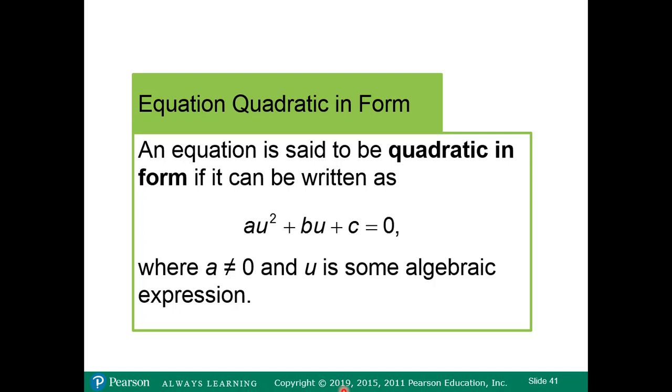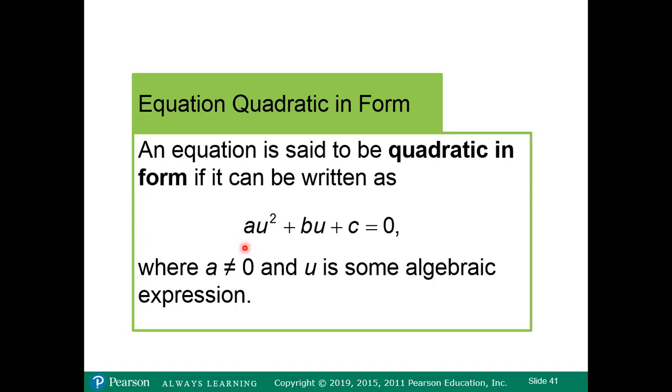Okay, now, what about equations that are quadratic in form? That means that it has the form of a quadratic equation. So if we can do some sort of substitution where we end up with something that looks like this, where u is some algebraic expression, okay, but we're doing a u substitution.